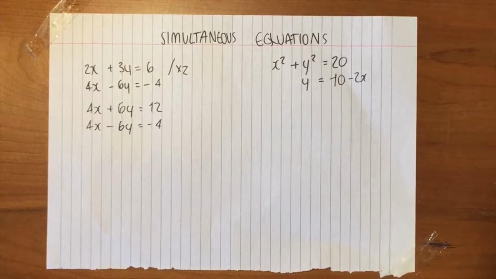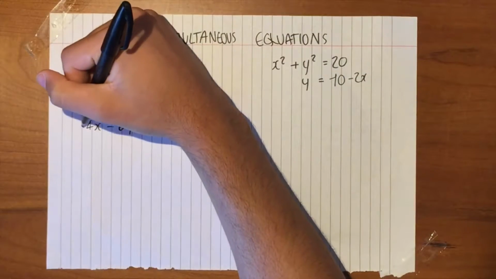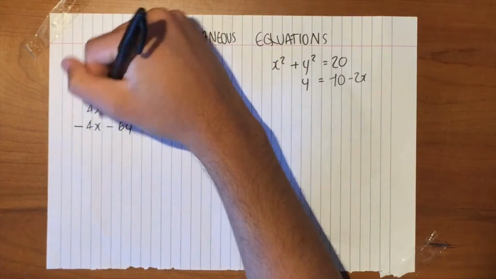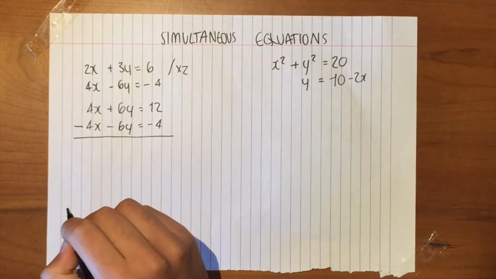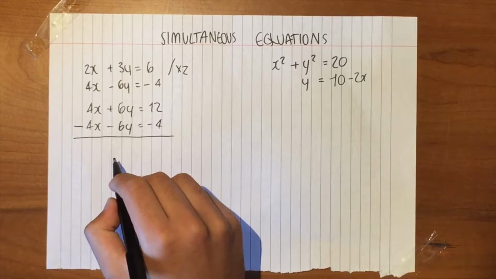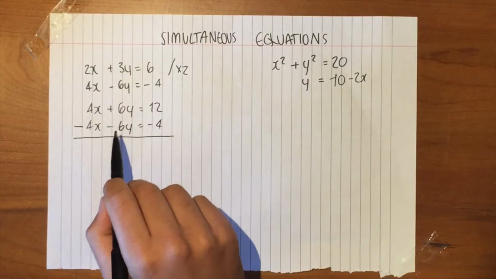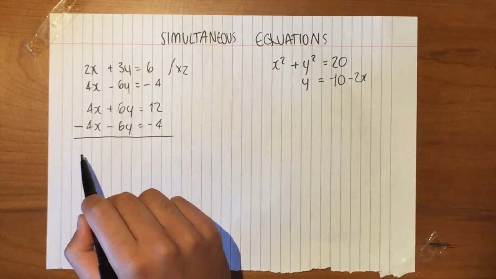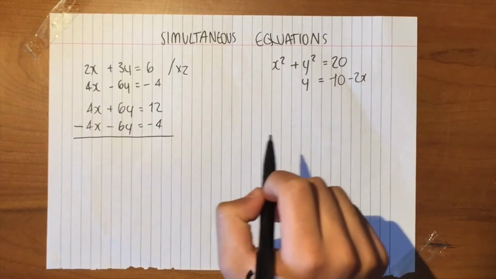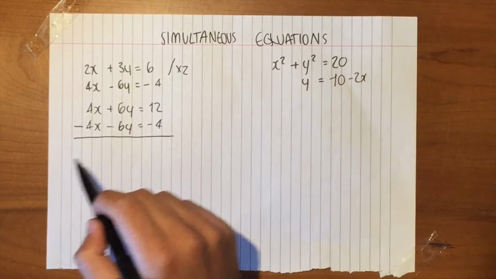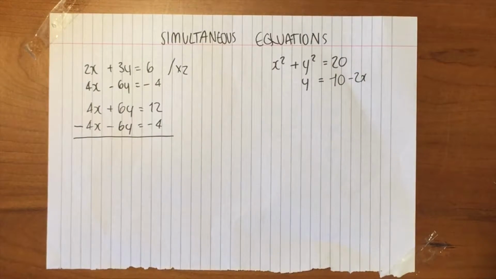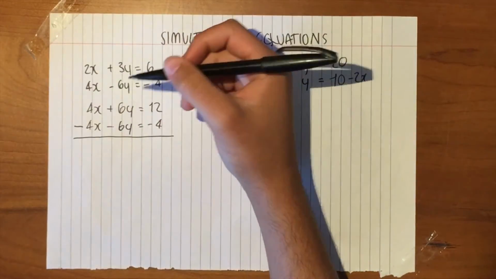So we're going to subtract them to get rid of the 4x. We could even add them and we'd still get rid of an unknown, because 6y plus minus 6y is 0, and 4x plus 4x would be 8x. But we're going to do minus and just remove the x's.